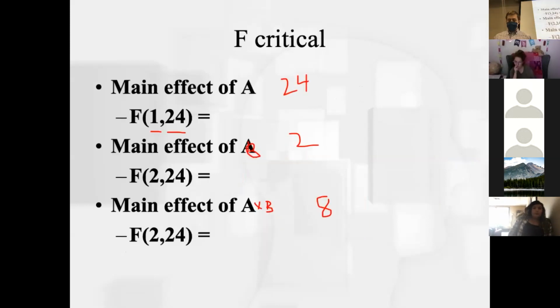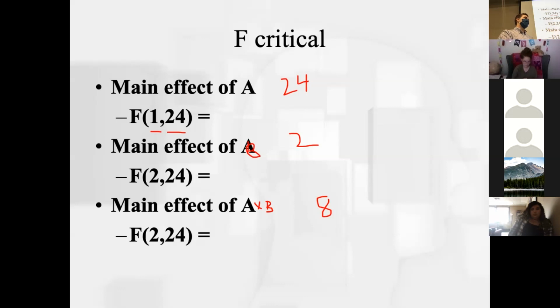So we're going to the back of the book, that F distribution. For the first one, we look up degrees of freedom for the numerator. We're going to that first column because we only have 1. From there, we go down all the way to 24. In this case, I have to turn the page. Staying in column 1, go down to 24. And again, I have a light-faced and a bold-faced type.